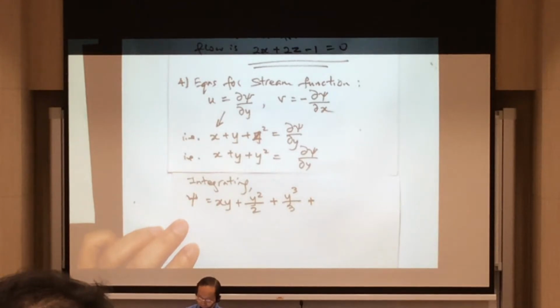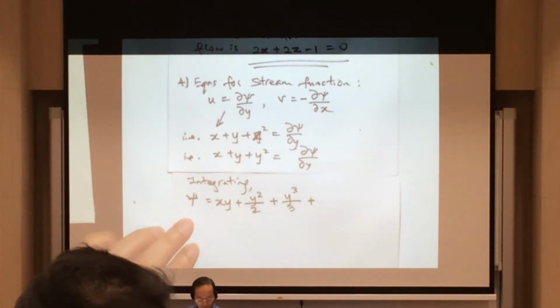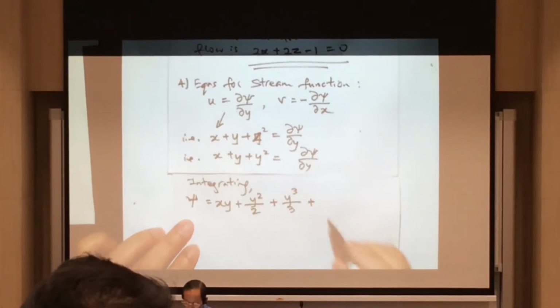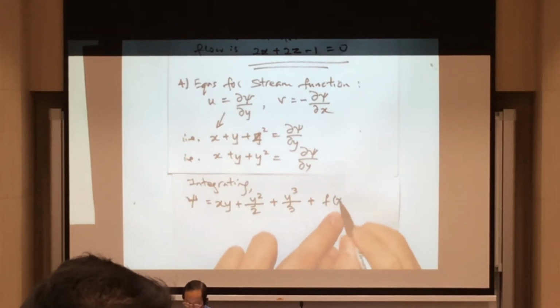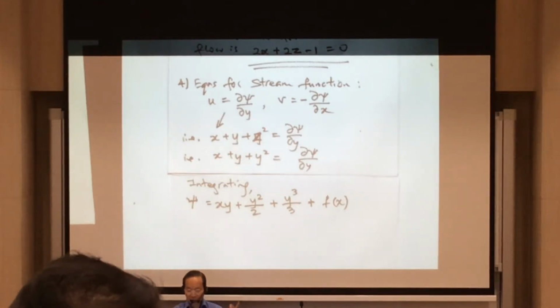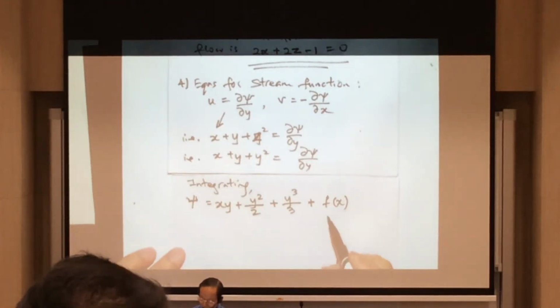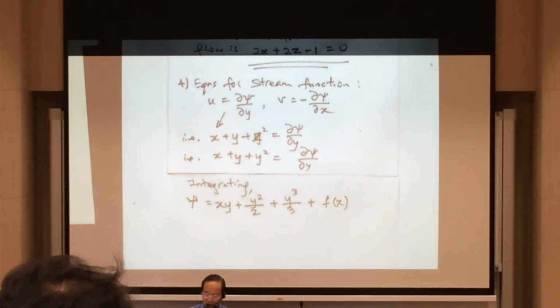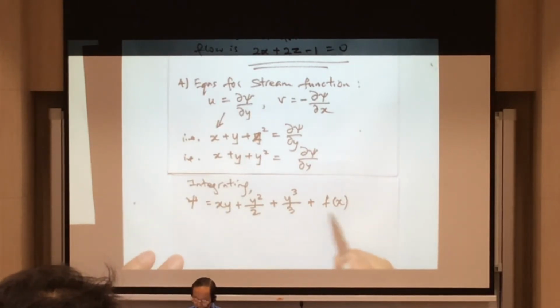But when you integrate with respect to y, you get a function of x. Remember I explained it in earlier lectures: when you integrate with respect to y, you get a function of x; if you integrate with respect to x, you get a function of y.